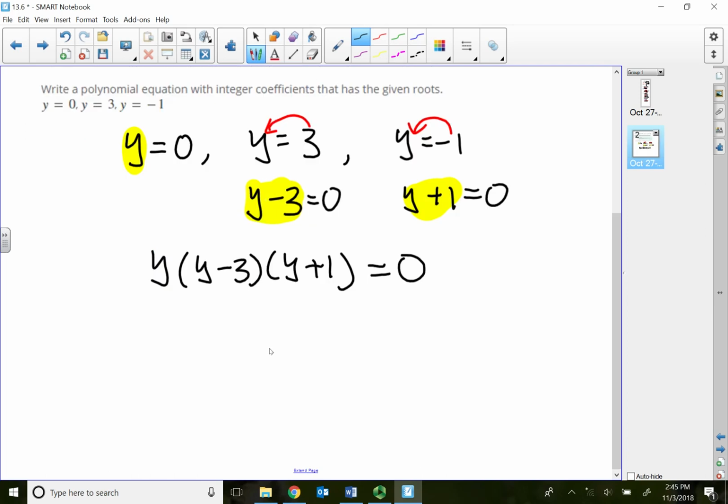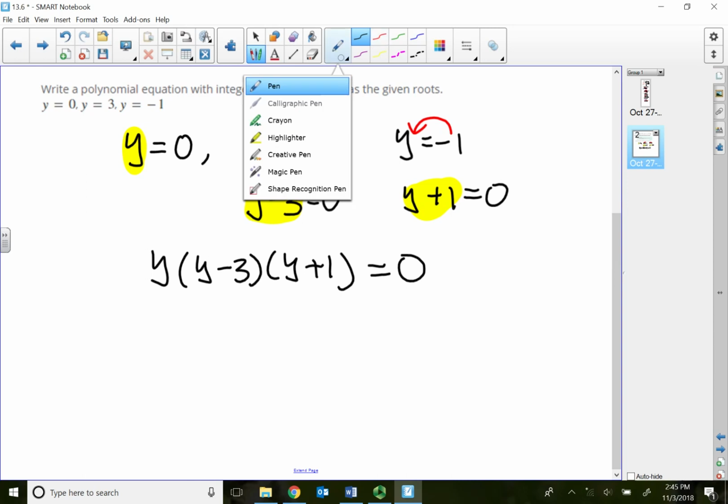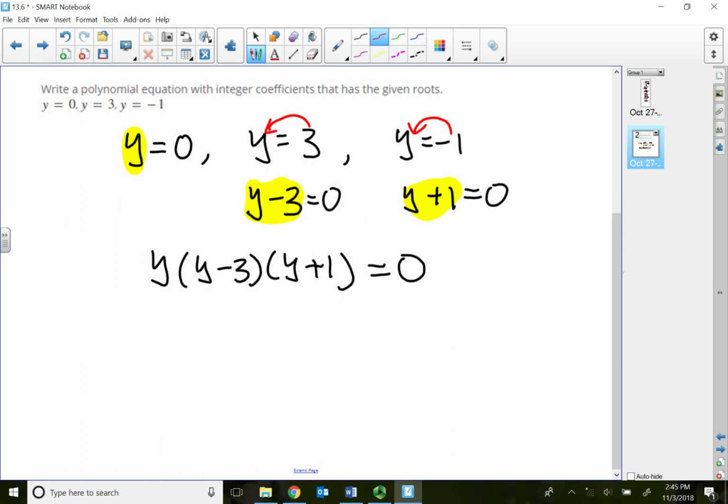All right, so we normally get to the factor form by factoring. So opposite factoring is multiplying. So now we're just going to multiply this whole thing back out, and that will give me my original polynomial equation. So since I got three things here that need to be multiplied, I'm going to do my FOIL method on these two parentheses.